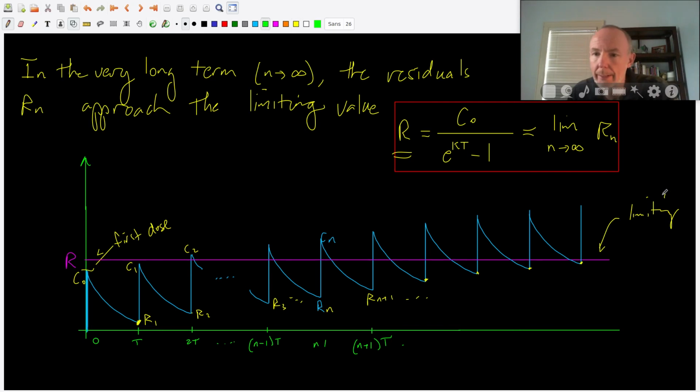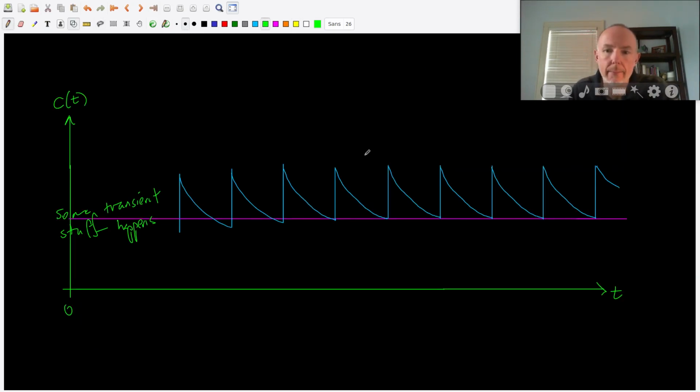So if you imagine continuing this for a very long time, we're going to get something that starts looking like this. Look how the residual and the concentration, and then the residual and the concentration. Eventually the nth residual is just starting to really approach that long-term value R.